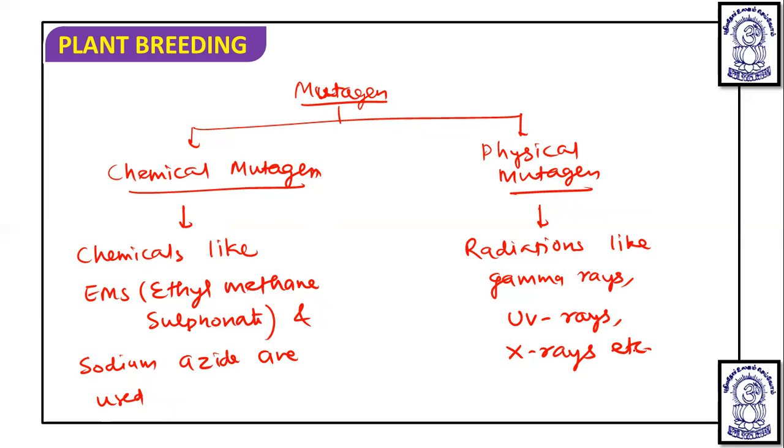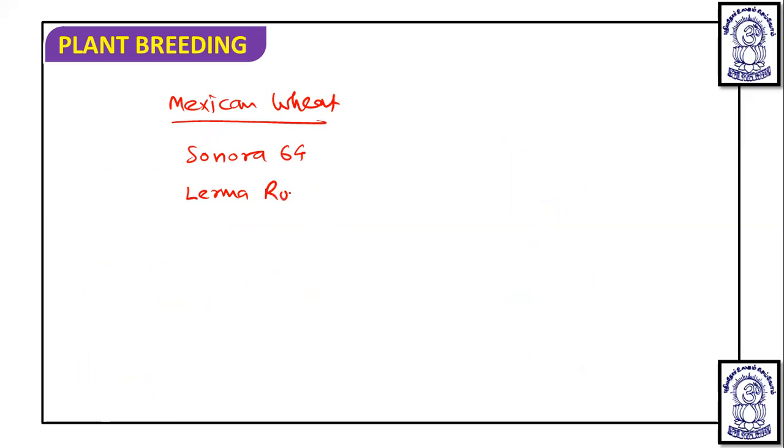If we talk about improved varieties by mutation, we can take the Mexican wheat, Sonora 64 and Lerma Rojo 64.